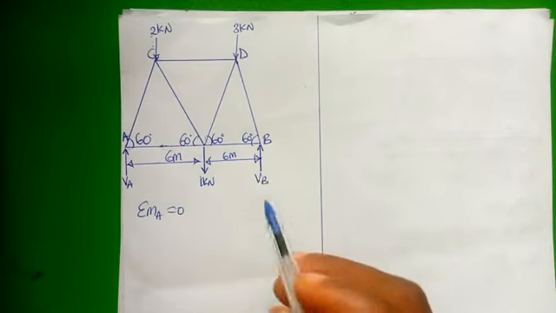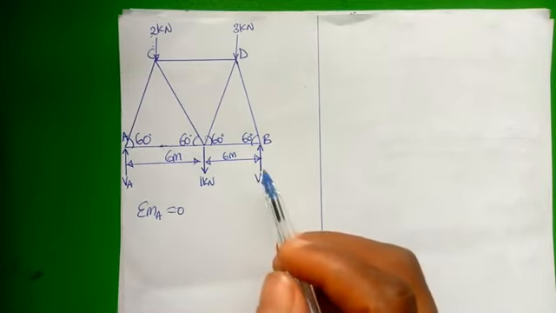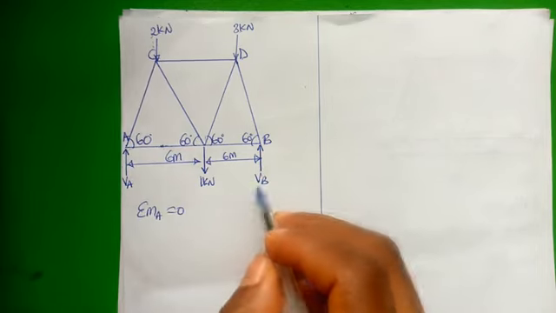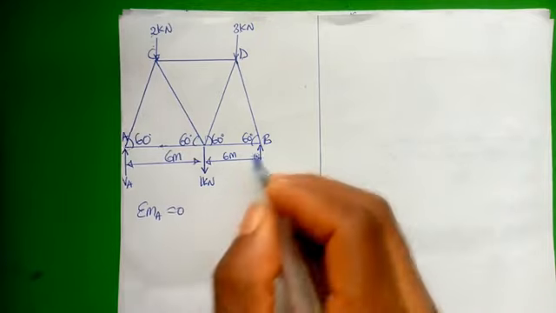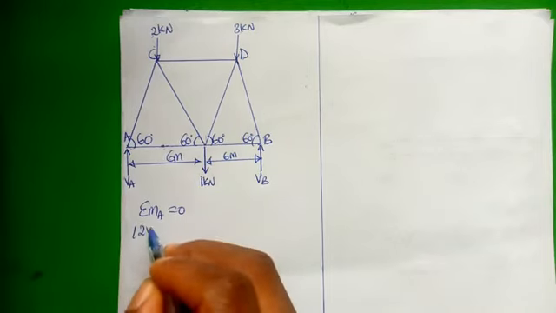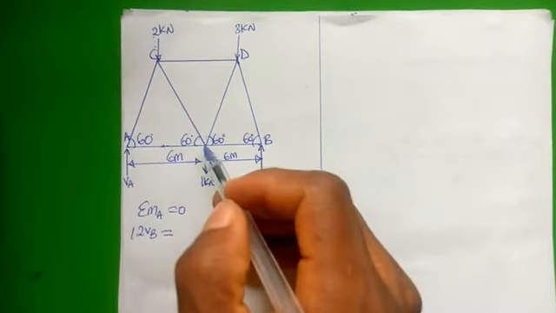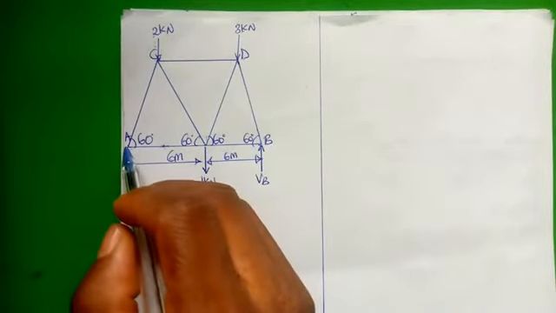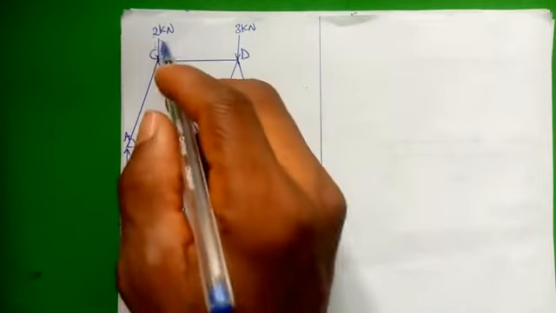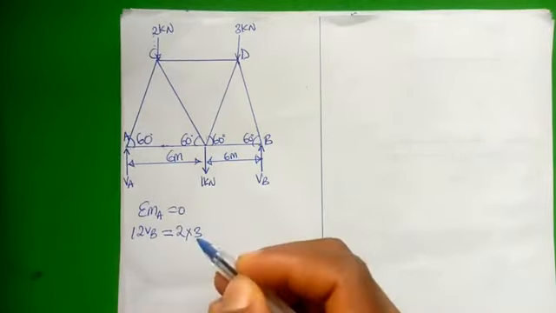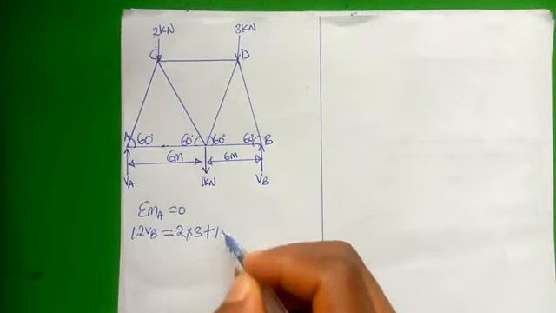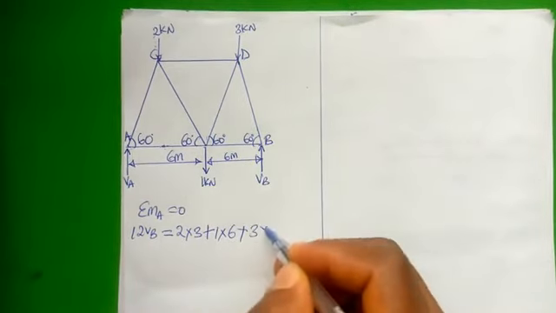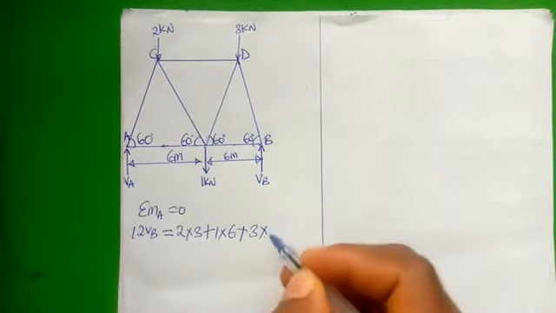So by saying that clockwise moment equals anti-clockwise, it means that this VB, which is anti-clockwise, will cover a distance of 12 meters, and will be equal to all these other ones multiplied by the distance which they will make to reach this point A. So we have 2, which will cover a distance of 3, plus this 1 kilonewton, which will cover a distance of 6, then plus 3 kilonewton, which will cover a distance of from here to here, which is 9.